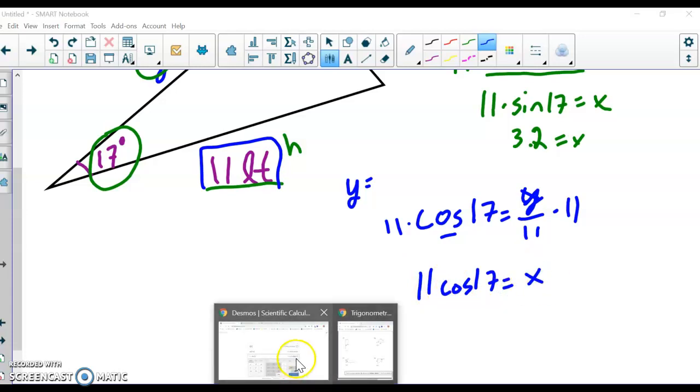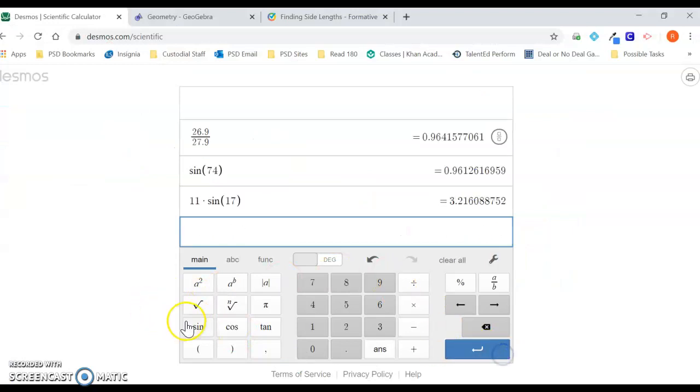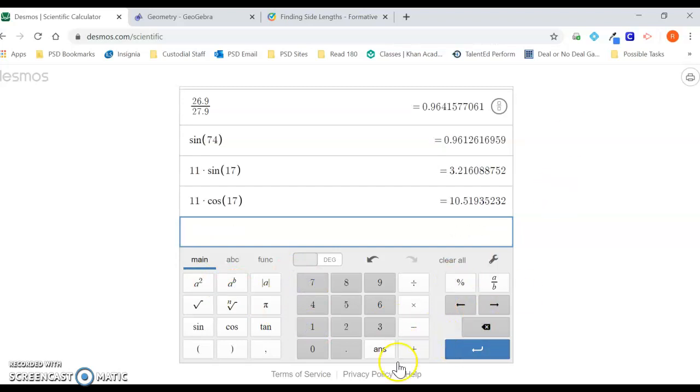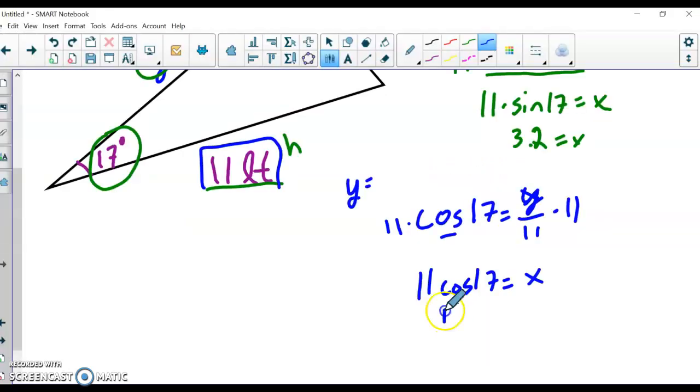And I'm going to type it in: 11 times the cosine of 17 equals 10.5. Make sure we're rounding to the tenths, so 10.5. This is 10.5 equals y.